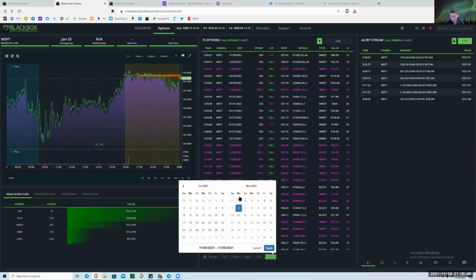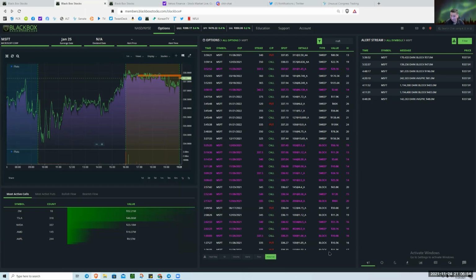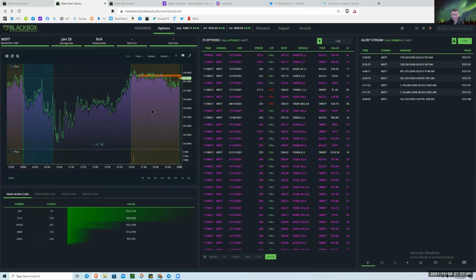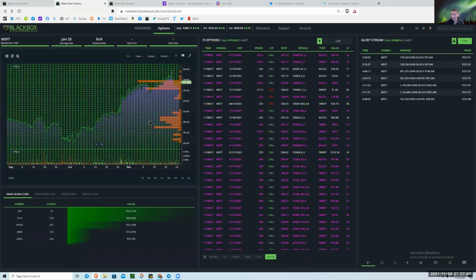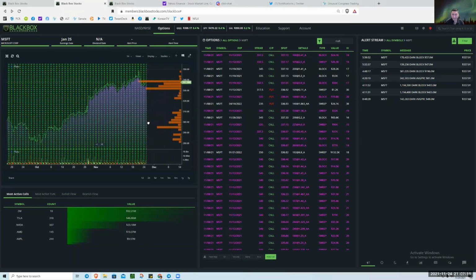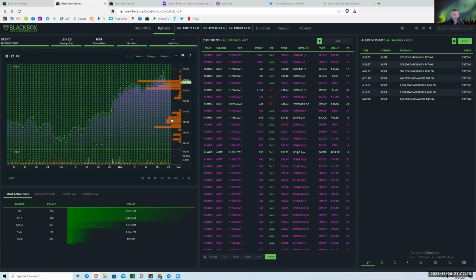So this is what I'd like to do. Here's another service that I use, which is Black Box Stocks. One thing that I like about it is that it does several things for me.